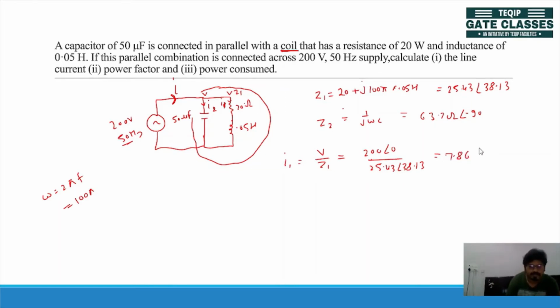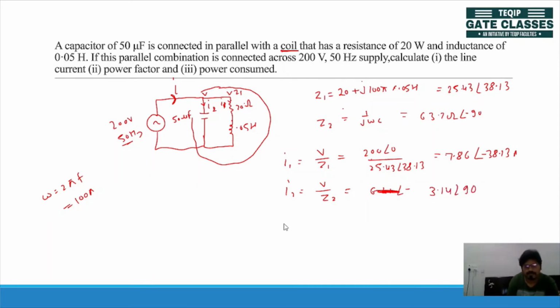So from here you'll get your I1 as 7.86 angle minus 38.13 ampere. For I2, the voltage across parallel branches is the same, so I2 is V upon Z2. Here you will get I2 as 3.14 angle 90.